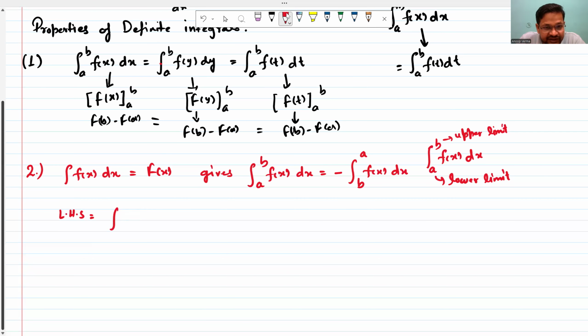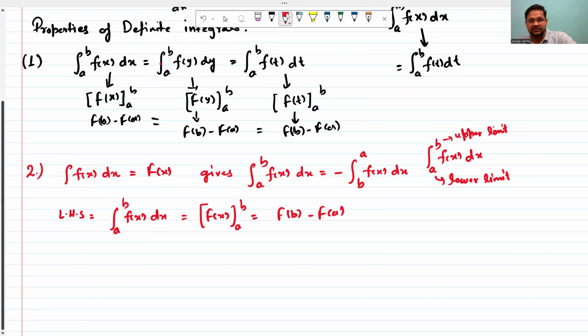तो यहाँ पर हम integration करेंगे, this is a to b f(x) dx and you are applying the limits, okay, so you get this capital F(x) and this limit applied from a to b, and from here you can have F(b) minus F(a). So here this b is the upper limit and a is the lower limit.